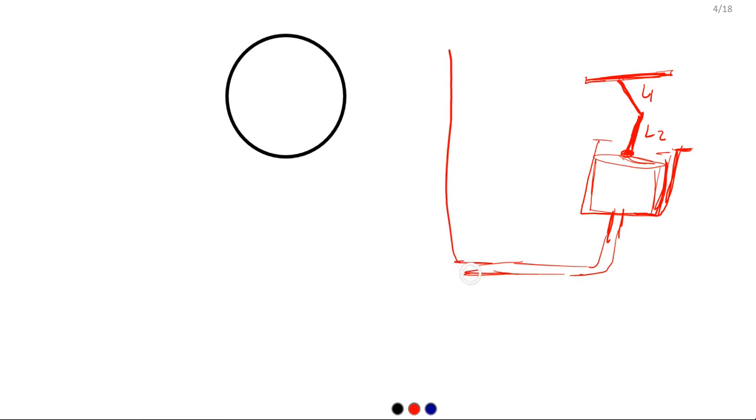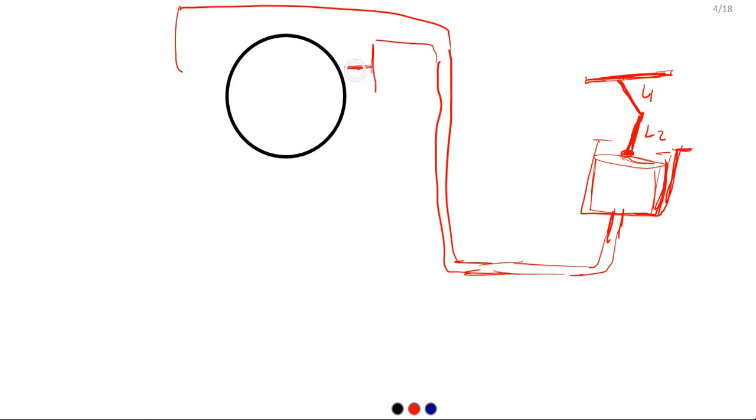Suppose it is moving in this way, and I am going to connect this one like this. So this one is what? Cylinders and pads at this side, and this side also you can say the cylinders and pads are here.